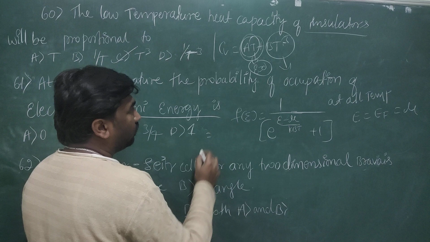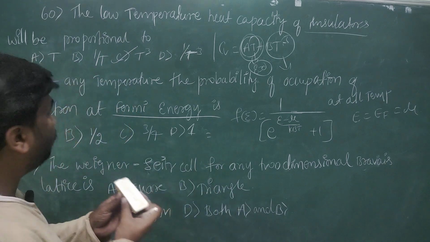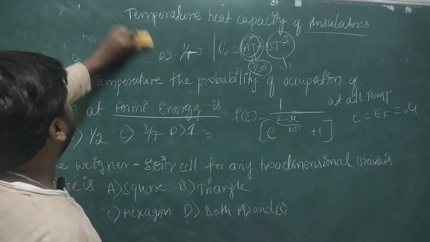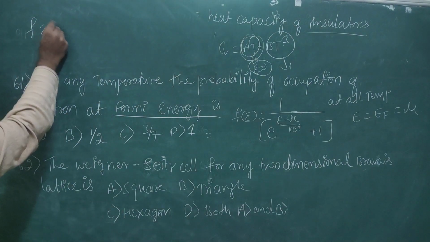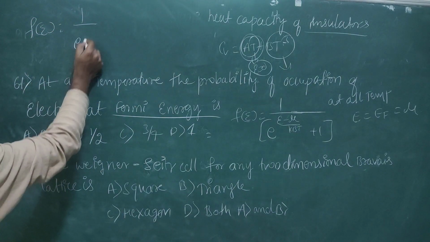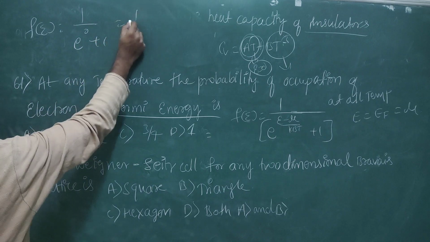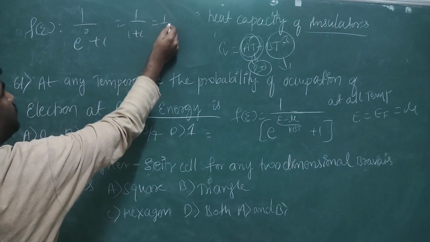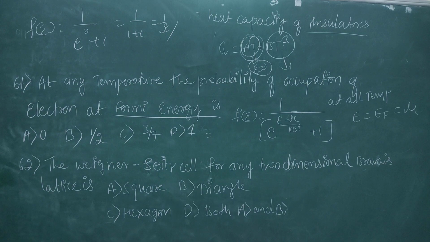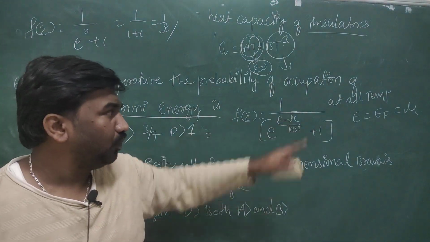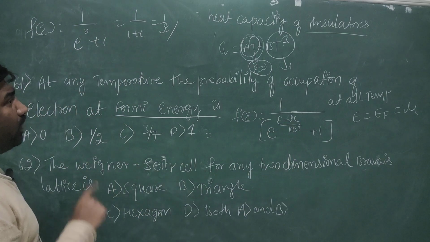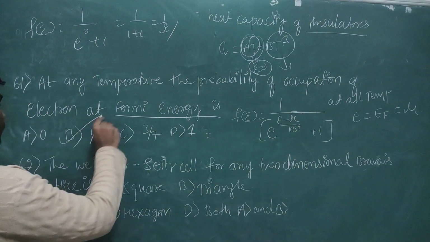Therefore, when E minus mu is equal to 0, f(E) is 1 divided by e to the power 0 plus 1, which is 1 by 1 plus 1, which is equal to 1 by 2. At any temperature, when E is equal to E_F, which is equal to mu, the Fermi function is 1 by 2.